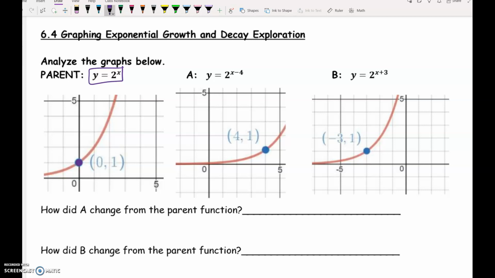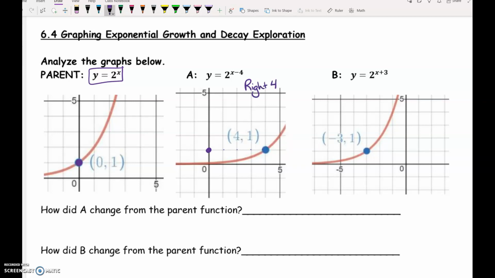What I want you to notice is that it has this point at 0, 1. If we put a -4 in the exponent, that point moves to 4, 1. So instead of being here at 0, 1, that point has moved right 4. So this -4 means that the whole graph shifted right 4.